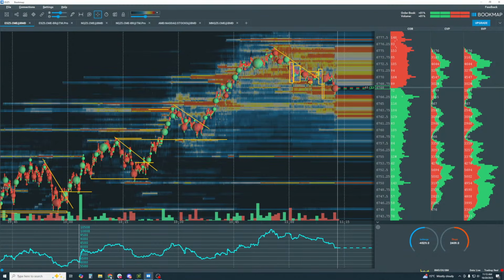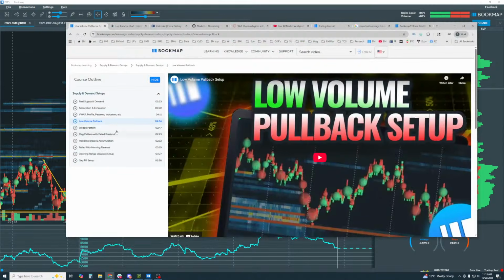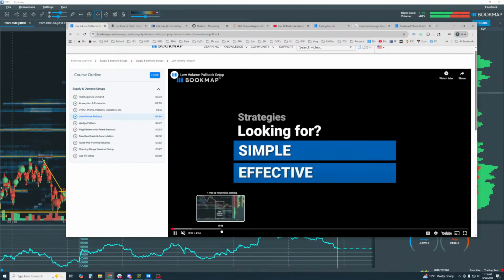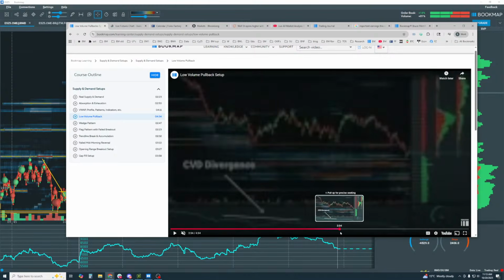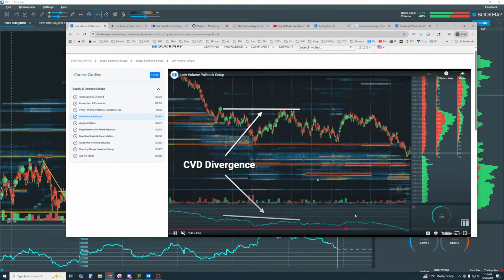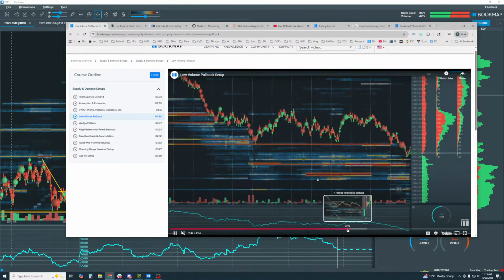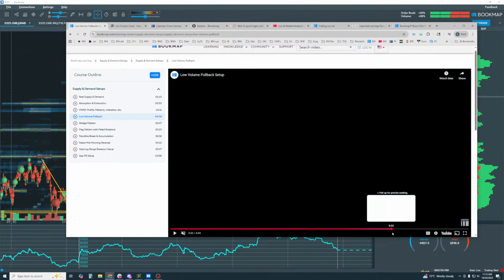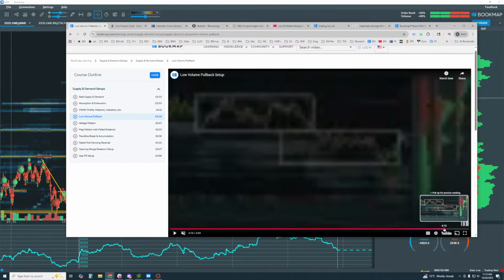You'll see, like in the low volume pullback in here, we're looking at a higher time frame. Yeah, we see a range in here. Hold on, let me see where it was. Yeah, here we go.